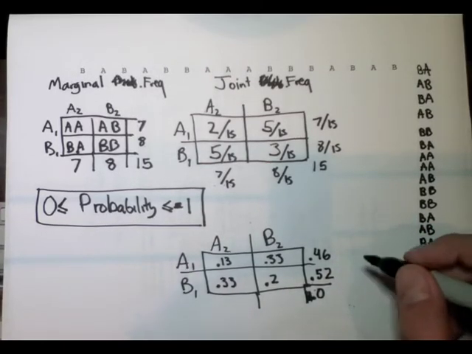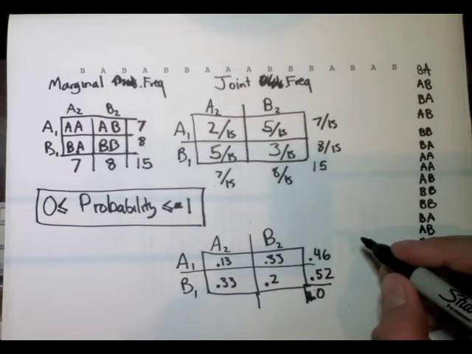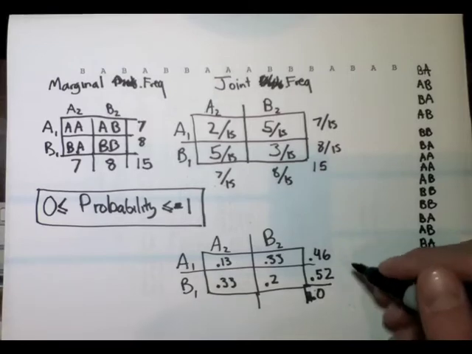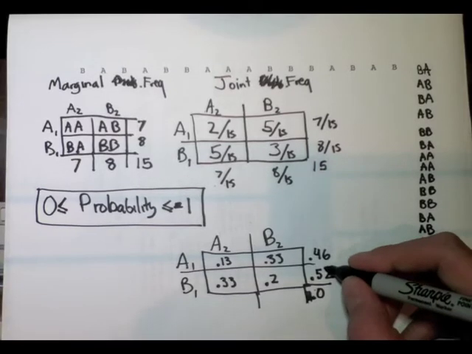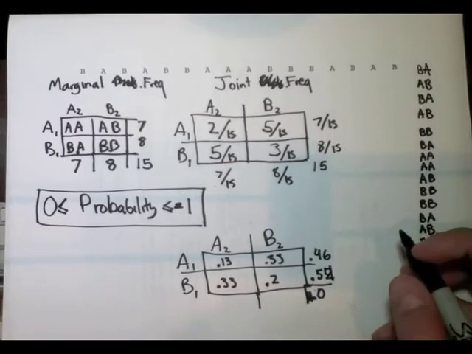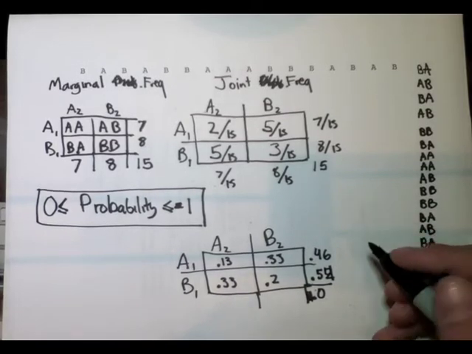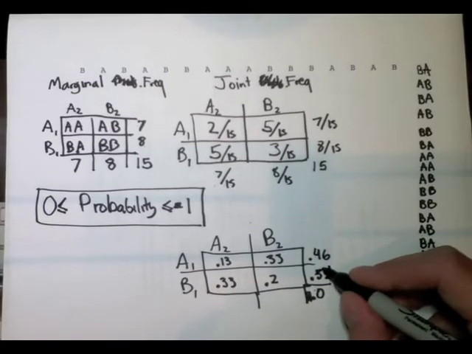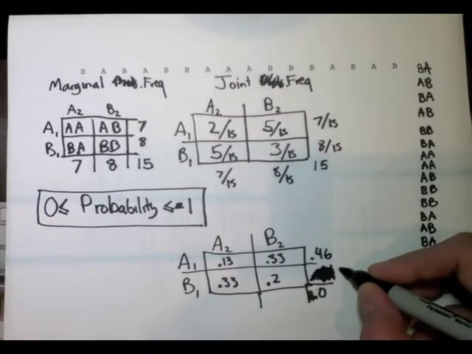Am I doing that right? Yeah, well, it's actually going to be more like 0.54 because we did rounding and that's going to confuse everything here. No, it should have been 0.5. Yeah, 0.5, we'll say 0.54 so it adds up to 1.